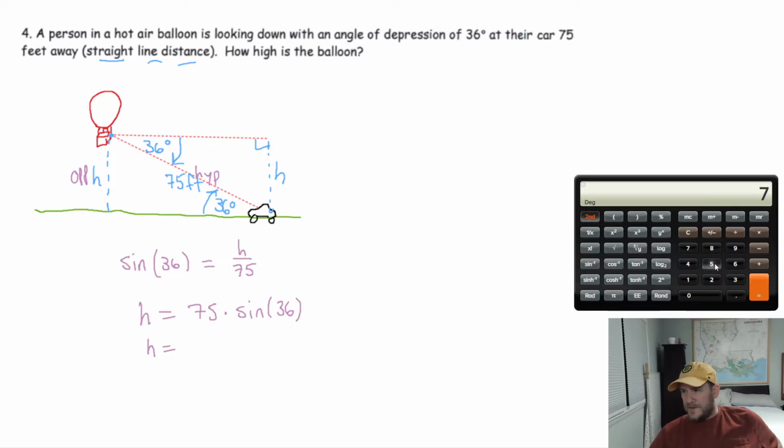All right, 75 times sine of 36 equals 44.08 feet.